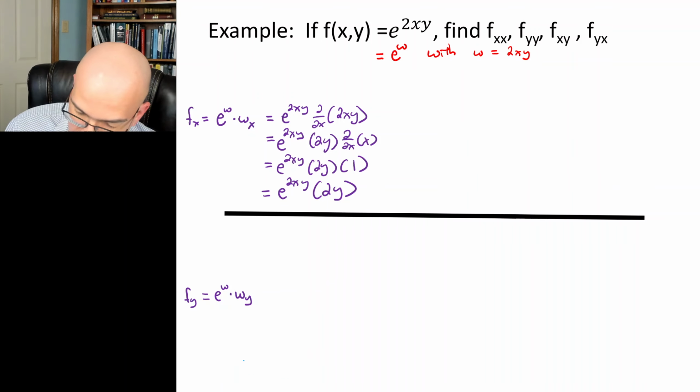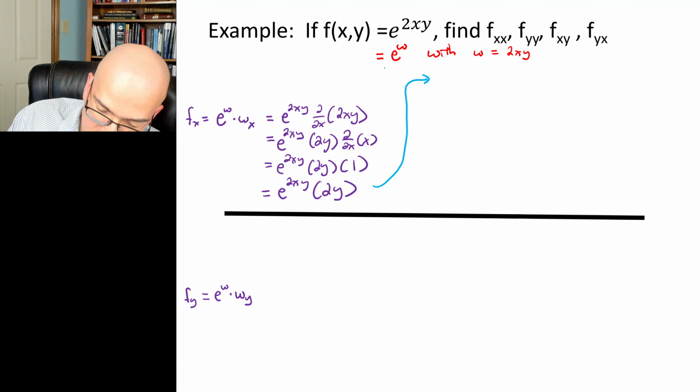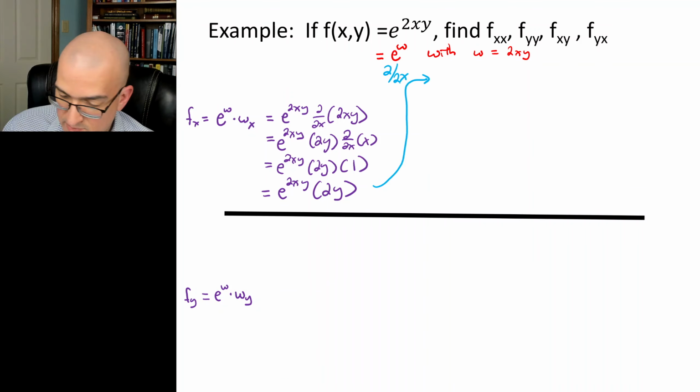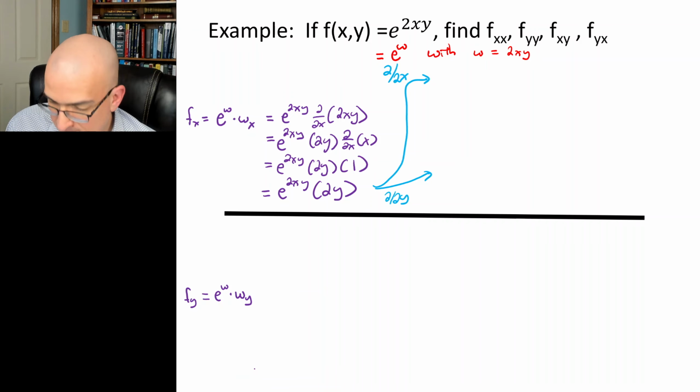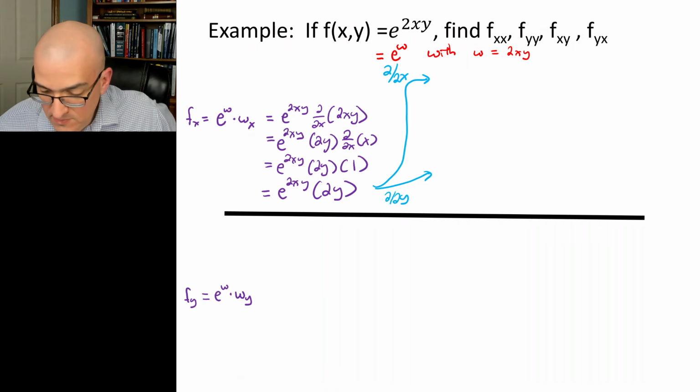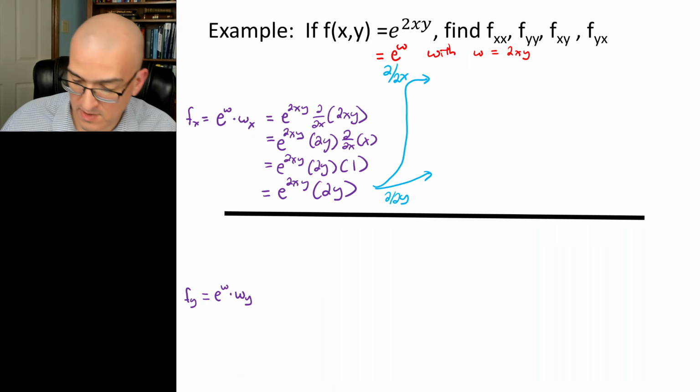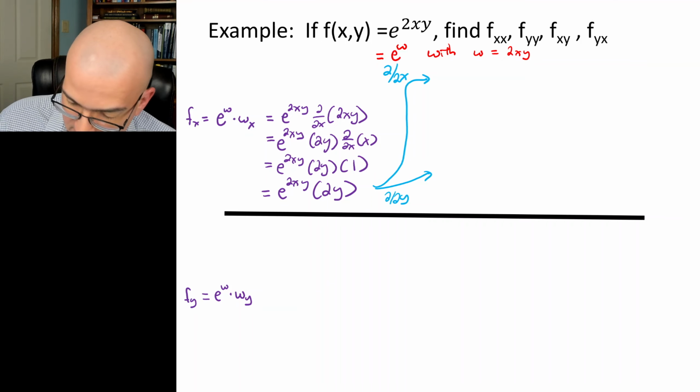Now we're going to have the second derivatives to do. We can take the x derivative of that, or we can take the y derivative of that. Okay, so taking the x derivative, I'm going to write it out a little more carefully.